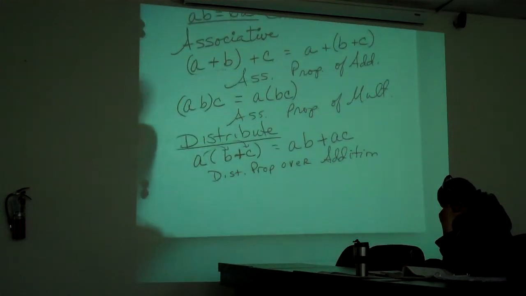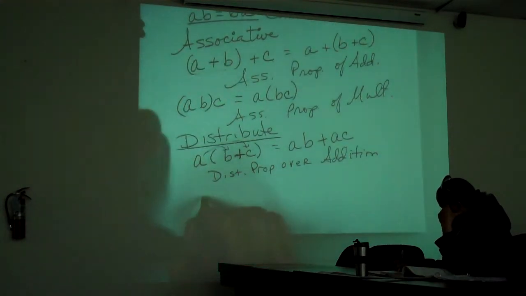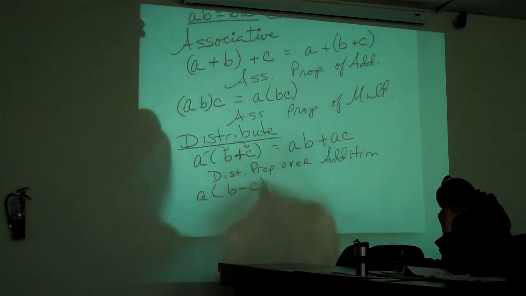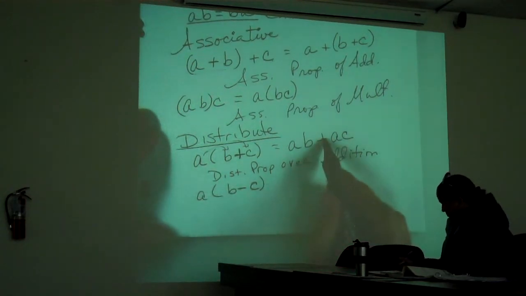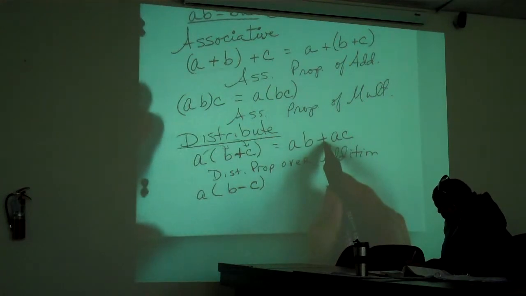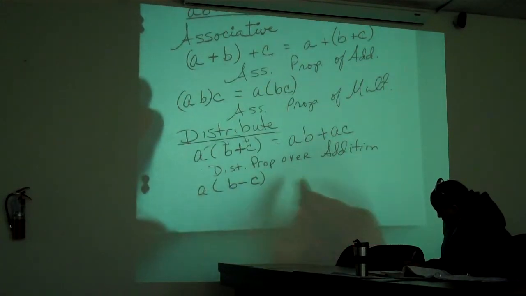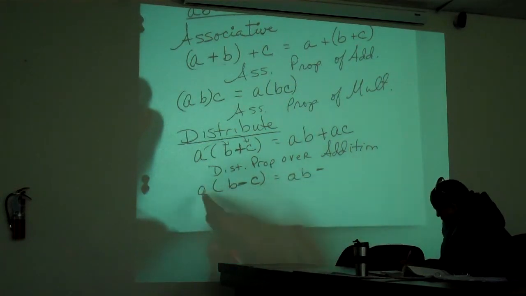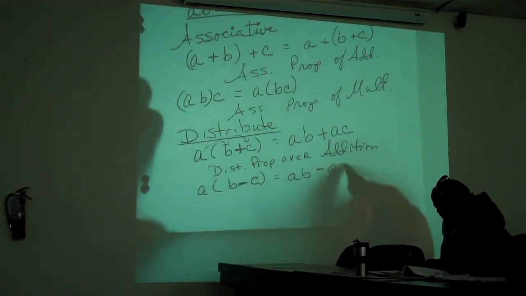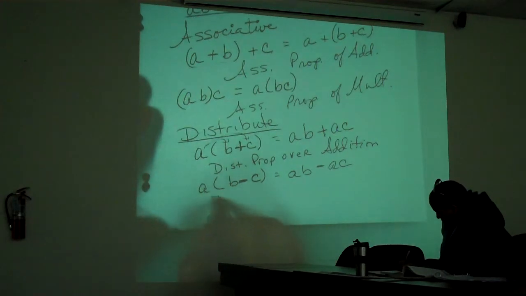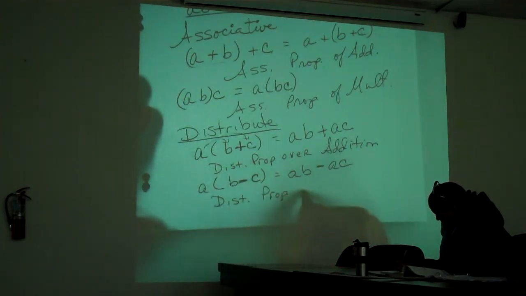Okay, the distributive property over subtraction, it looks the same, but you have a minus in your parentheses and you'll have a minus where there was a plus. So you'll have AB minus AC. So this is your distributive property over subtraction.